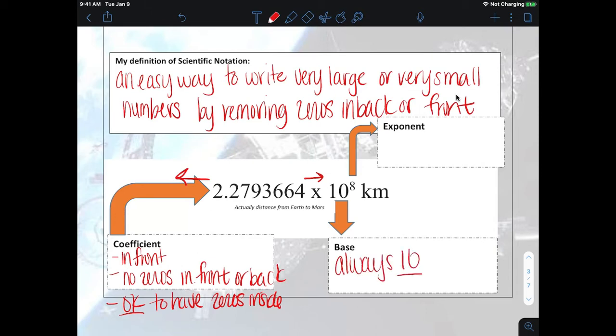This tells us about the tens place, hundreds place, thousands place, how many spaces we moved. Our exponent tells us the number of spaces and the direction. A negative is a small number, which means it should be a small decimal. A positive is a big number, a number that has a lot of digits, but the decimal point is at the end.